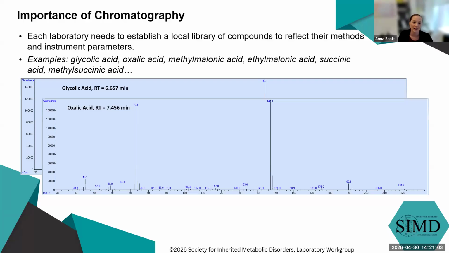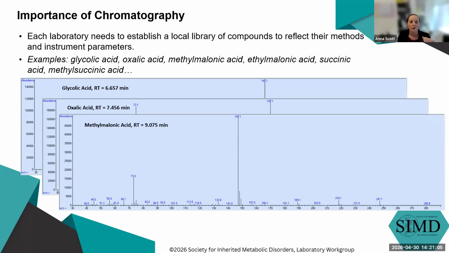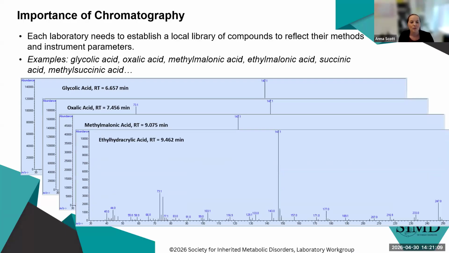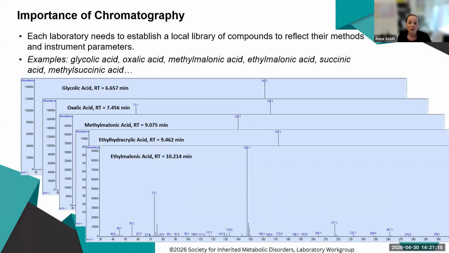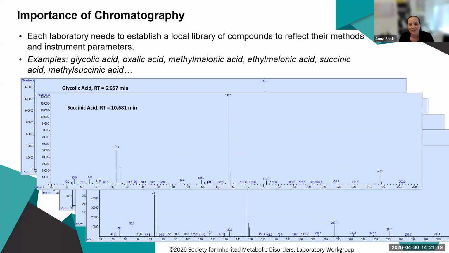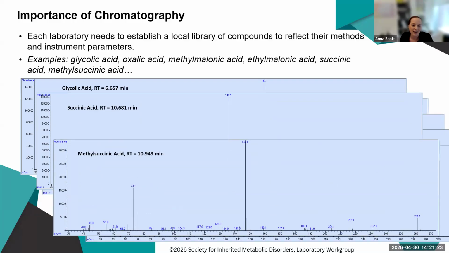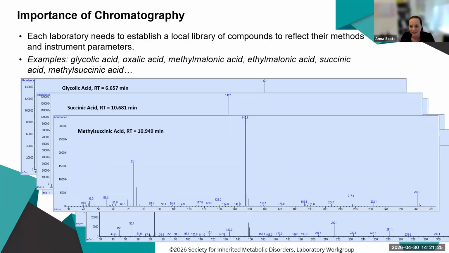Sometimes some smaller stuff is helpful, but it can be lost in the grass depending on the intensity of the peak. So we've got glycolic, we've got oxalic, we have methylmalonic, one of our favorite friends for diagnosis. We have ethylhydracrylic, less unique, also sometimes very important. Ethylmalonic, super important sometimes. Notice our friend succinic has the same set of 73, 147, and its close neighbor methylsuccinic.